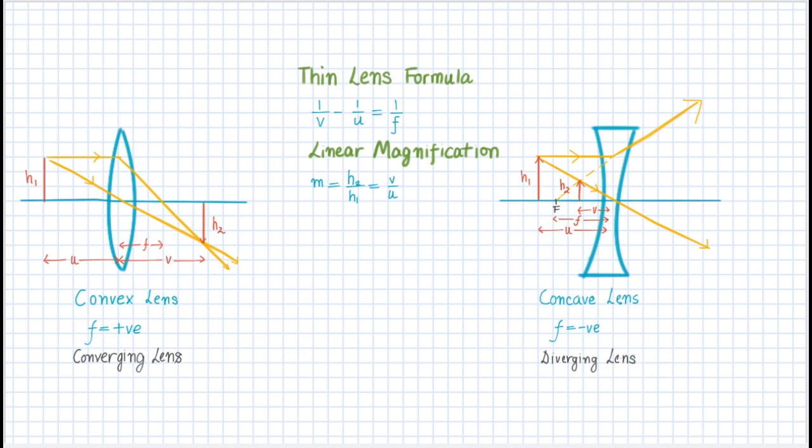So this is your diverging lens. For now, look, in our question, we got a positive focal length. If it is a positive focal length, what kind of lens did we get? Convex lens, or we can also say converging lens.